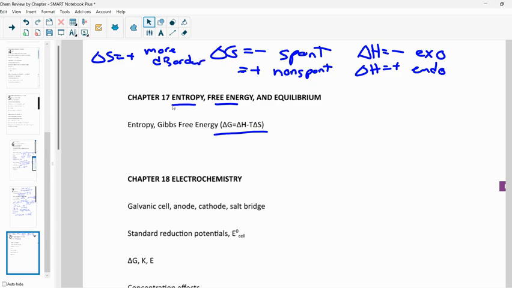This is the one where we could look at an equation, a reaction, and get an idea about what our delta S is going to be. Negative means less disorder, more order. Right. So we could look at an equation and have an idea whether the delta S is positive or negative, and whether it's going to be big or small. Okay. Focus on gases on that one.